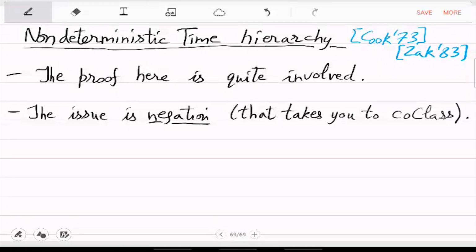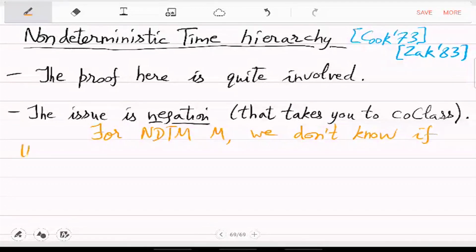Okay, so for an NDTM M, we don't know if the computation 1 minus M(x) can be done by a fast NDTM.